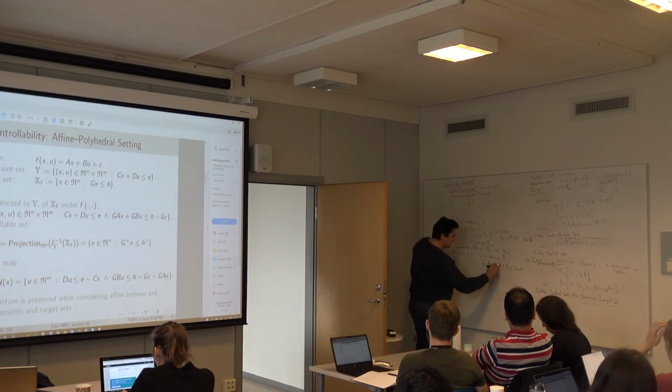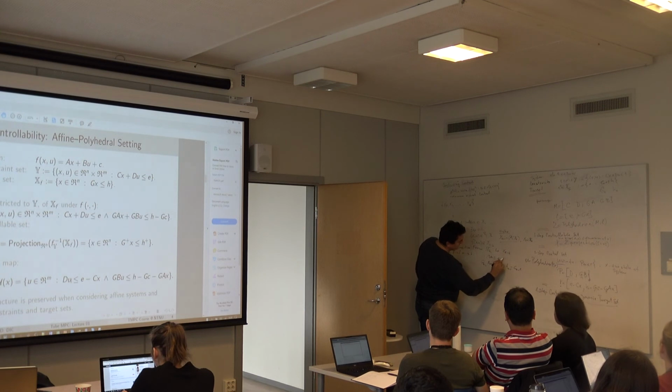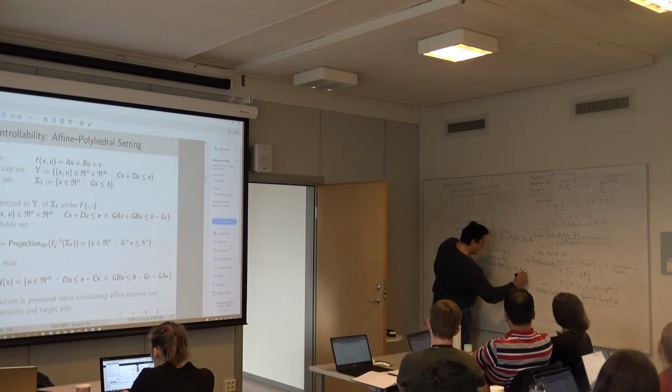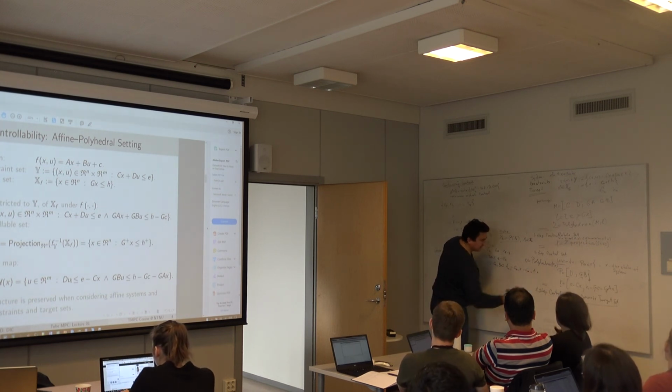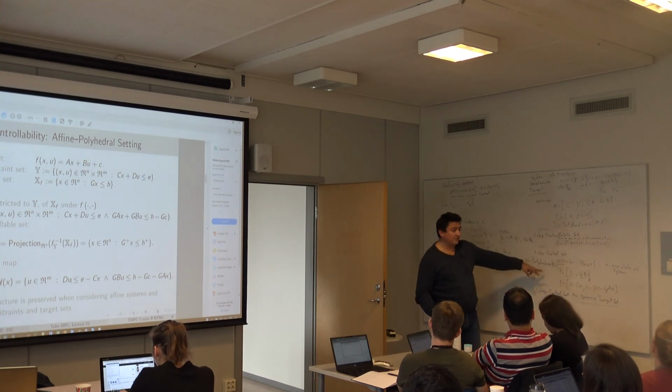This is x and this is u. But if you look at these things, if you move this Cx to the other side, and if you move this part to the other side, minus G_{k-1}Ax, this is nothing else than what you've just done for the one-step control map.